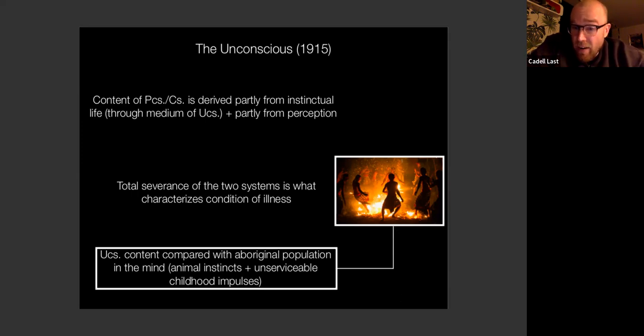He makes a very interesting analogy or metaphor between the unconscious contents as compared to an aboriginal population in the mind, plus unserviceable childhood impulses, basically a combination of animal instincts and unserviceable childhood impulses. That this is the floor of our psyche.